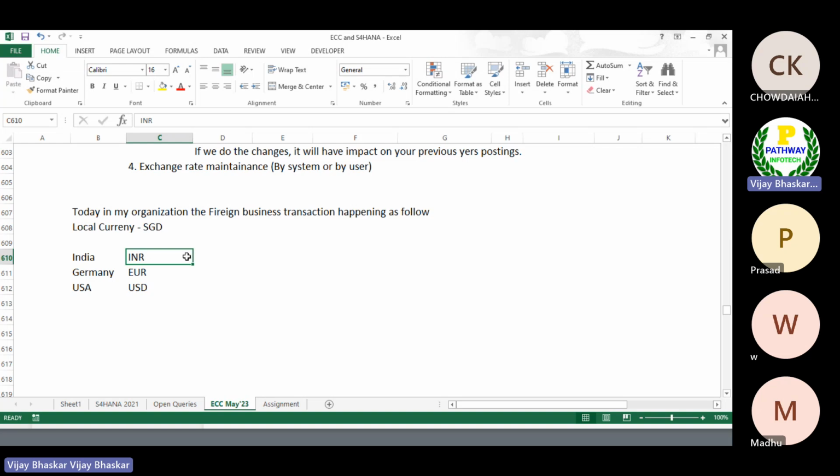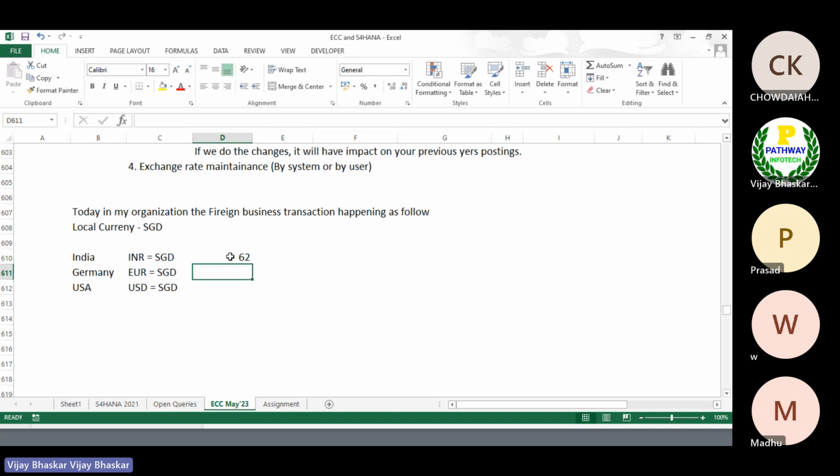Fine, that is secondary. But now what I want: what is INR equal to SGD? I want to maintain these exchange rates every day in the system, because the exchange rate changes every day. If I want to maintain Indian rupees to SGD, let us assume 62 rupees.